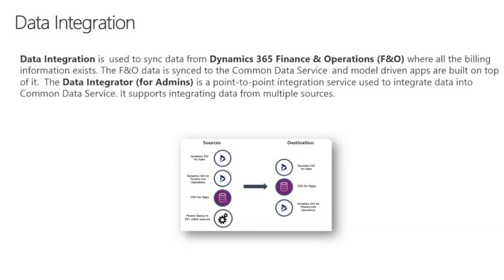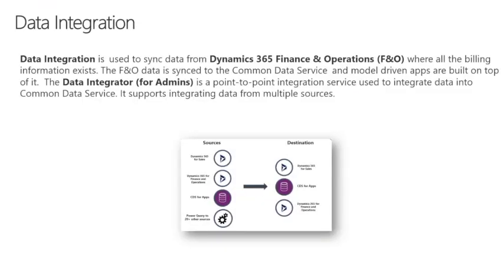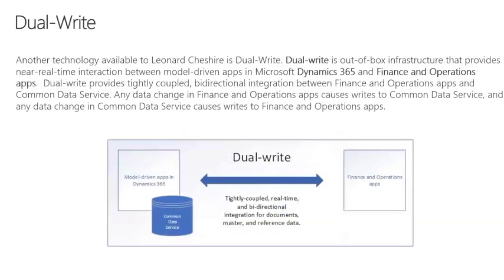In their case, there are many ways to get data out of finance and operations. There's a connector as well they could have used whenever they're using Canvas app, but since they were also building model-driven apps, bringing data to CDS made sense for them. I think they evaluated dual write technology, or they might have gone with that if it was available at the time.